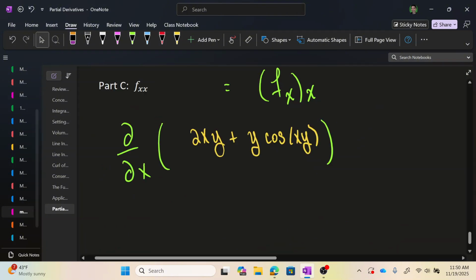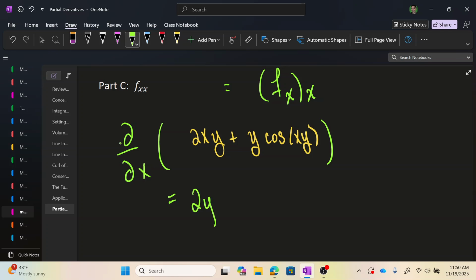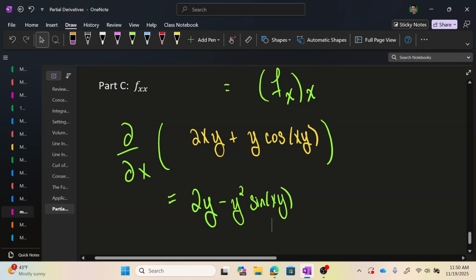So now, taking the derivative with respect to x a second time, we see that 2xy becoming 2y, once again by constant multiple rule. And we see that cosine xy becoming negative y squared sine xy. The chain rule is happening here, which is turning the cosine into a negative sine.